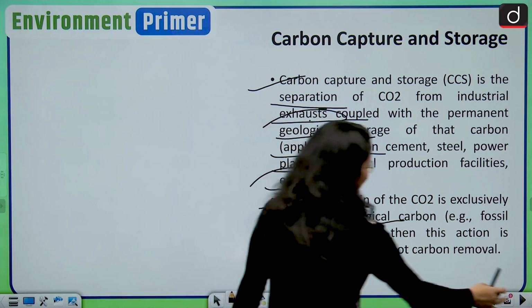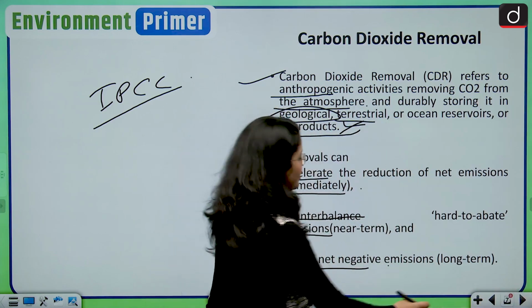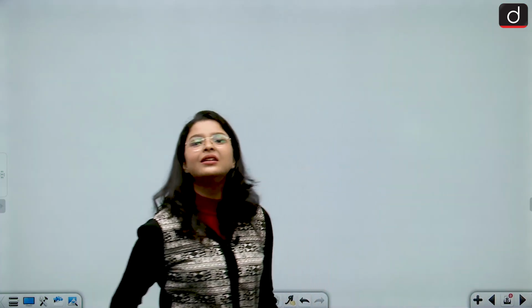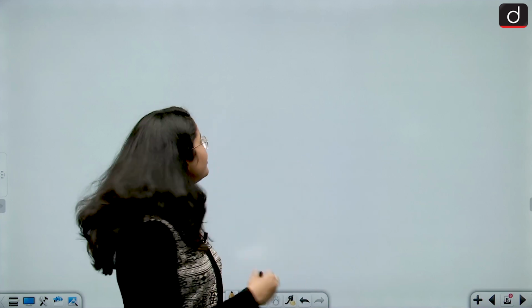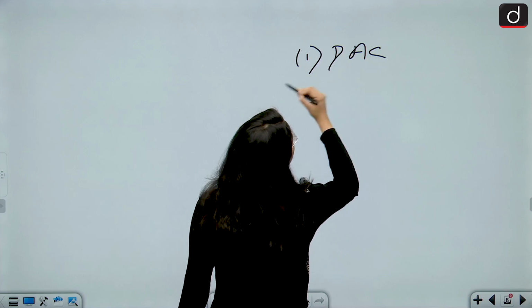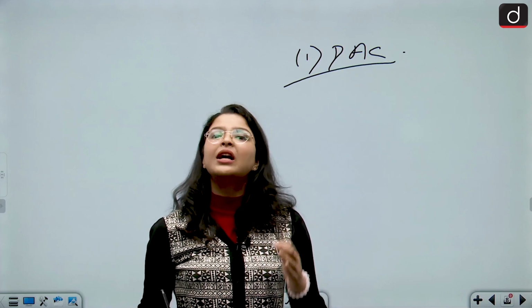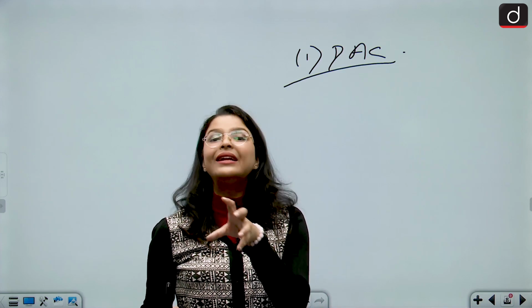Now, let us understand the techniques for this carbon dioxide removal. There are various techniques that we follow for this CDR process. One of them being direct air capture or the DAC. What do we do in this technique? We completely target the carbon dioxide directly.